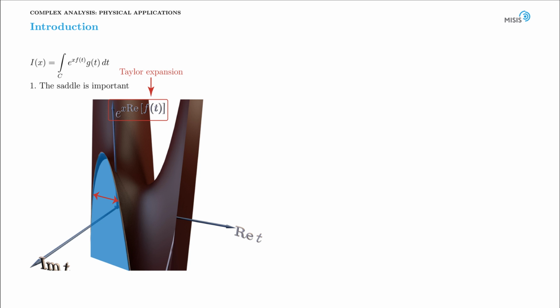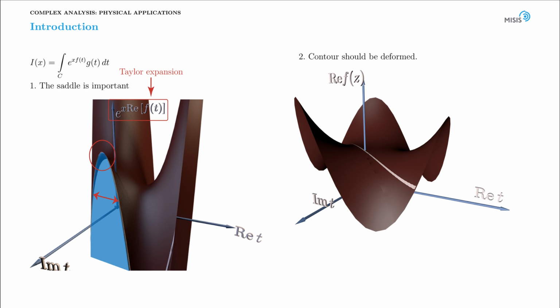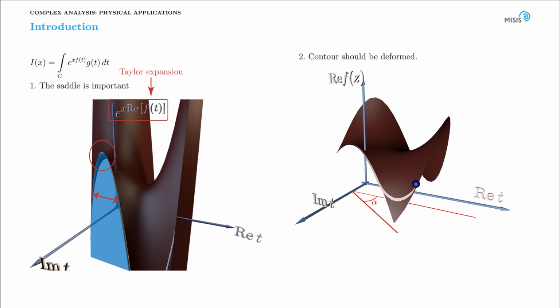Function f of t can be quite arbitrary and very complicated, but we just need a very small piece of information about it, namely its behavior in the tiny vicinity near the saddle point. Second, we need to deform the contour so it crosses the saddle at the correct angle in the sharpest possible way. This angle defines a very special direction on the relief of the real part of the exponent.